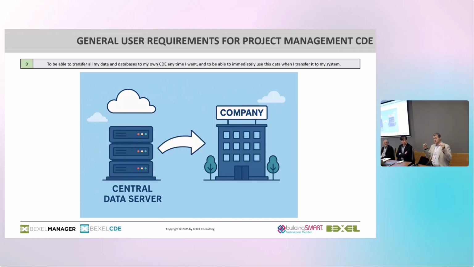We have multiple admins, and whenever I want, I can just say, transfer all my data, or data I'm allowed to transfer, to my own copy of the database and solution. So whenever, let's say, a project is finished, or I'm in a joint venture, I can easily transfer everything to my ecosystem and be immediately able to use it.